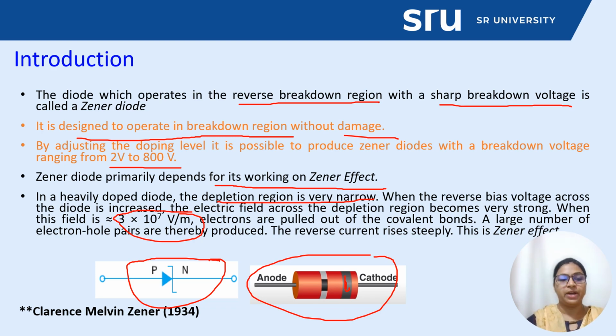One important thing to know is that this very unique featured Zener diode was invented by scientist Clarence Melvin Zener in 1934. So the Zener diode is named after his name, Zener, and put as diode. So it is Zener diode.